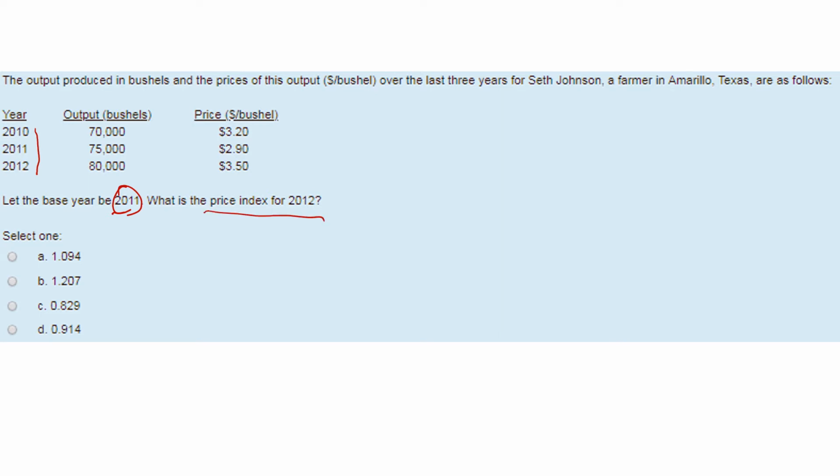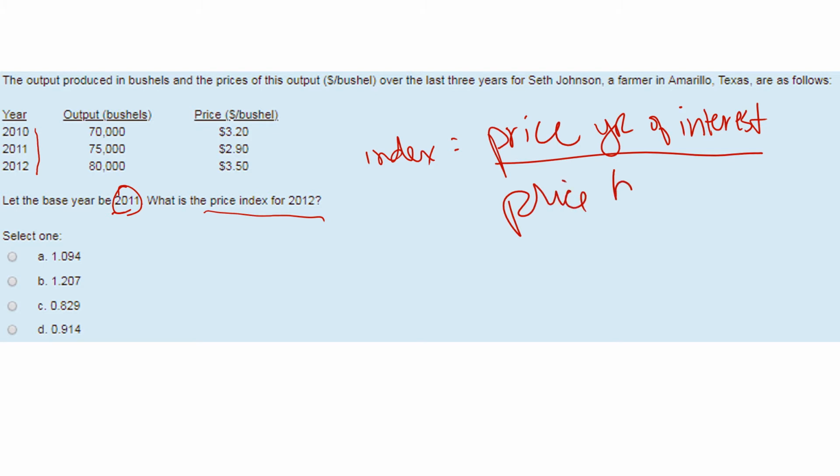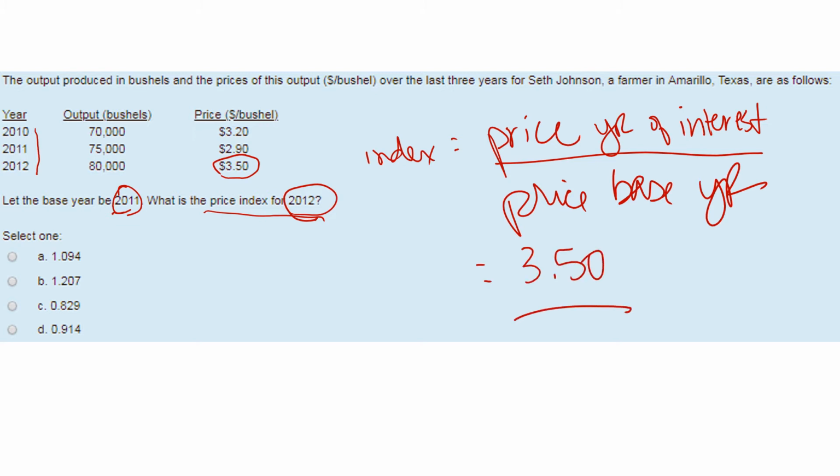So to get the index, the index equals the price of the year of interest divided by the price of the base year. The price of the year of interest is 2012, because that's what we're trying to figure out. That's $3.50. And the base year is 2011, so that's $2.90.